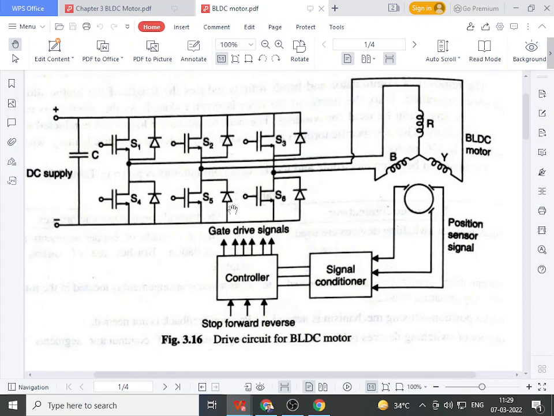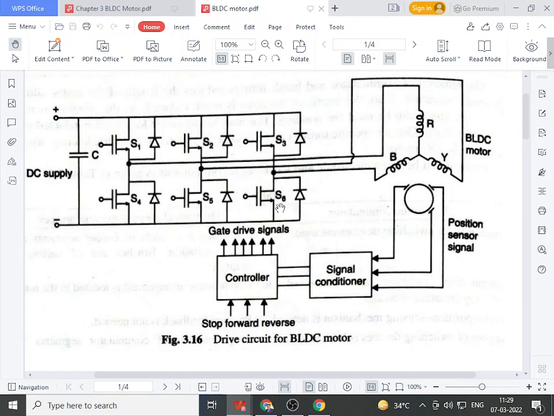Now if you look at the connection of the stator phases, in one vertical leg, one particular phase is connected. So R phase is connected between S1 and S4, Y phase is connected between S2 and S5, whereas B phase is connected between S3 and S6.